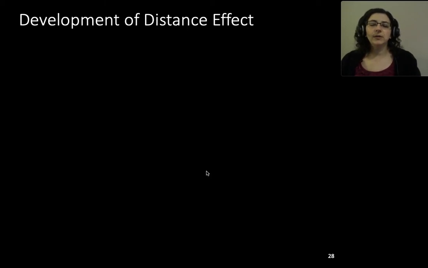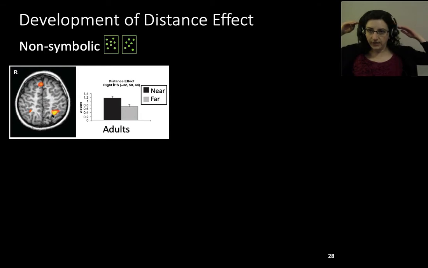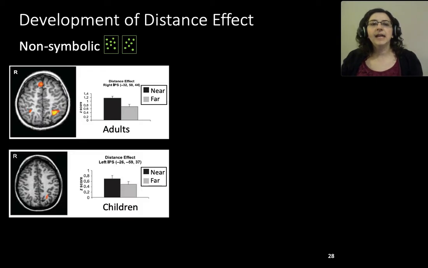And what we see when we look at this developmentally, in adults, when we look at non-symbolic stimuli, they have more activity for near than far problems in the IPS. This is now looking at the brain kind of cut through like this in that same parietal region we're talking about. If we look at it in children, it's smaller, but we still see that same effect of greater activity for near than far.